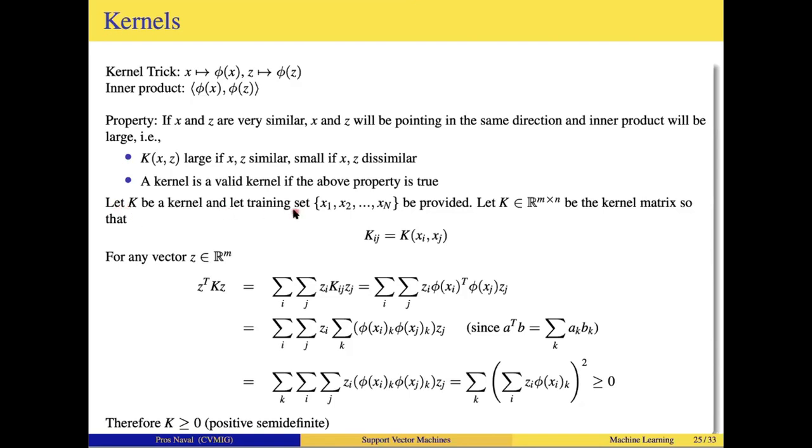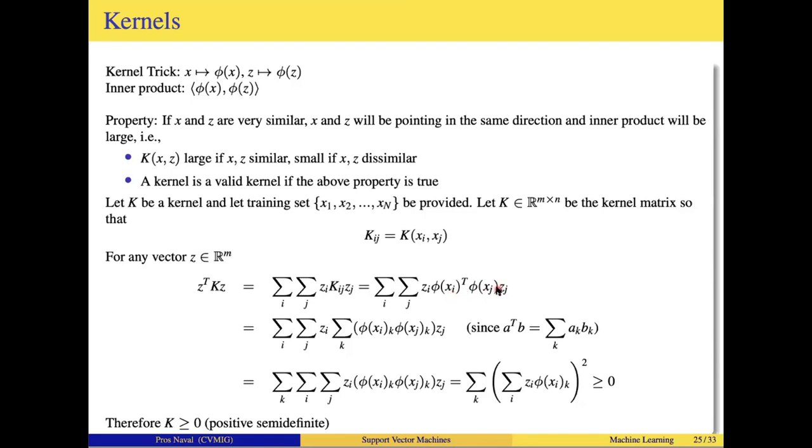So let K be a kernel and let the training set be provided. Define K to be the kernel matrix so that we have the following. So this is your data, okay, xi and xj. Now for any vector z in Rm, z transpose K z, okay, is equal to the following.